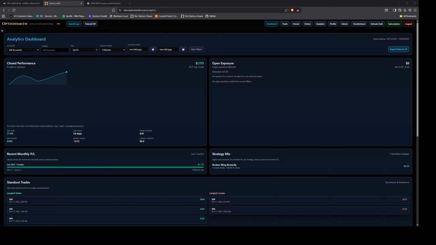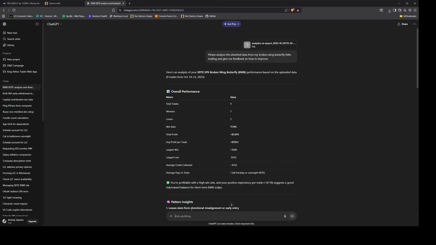analyze. So if you save that and then add it to, I'm doing ChatGPT right now, but you can use Grok or whatever your preferred AI tool is.